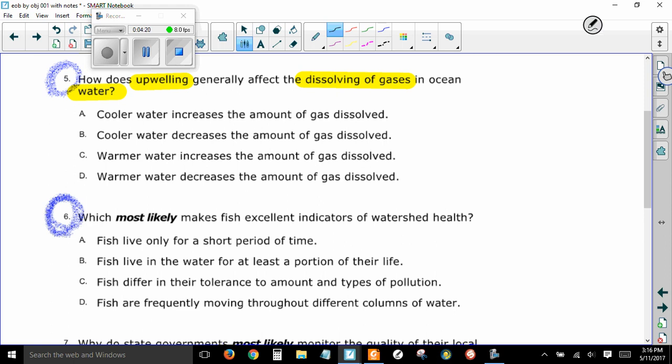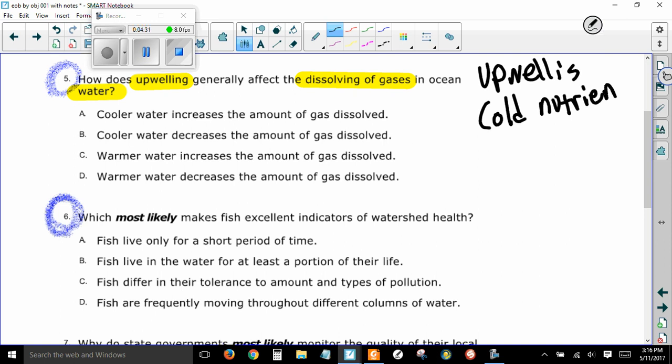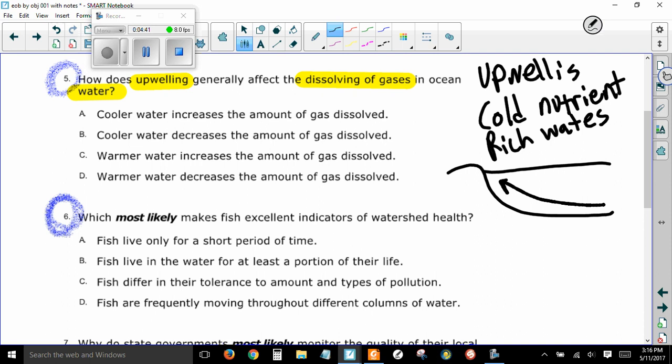Use it, okay? Upwelling. As soon as you see the word upwelling, you should think cold, nutrient-rich water. And that cold, nutrient-rich water is coming up from the bottom of the ocean to the surface.